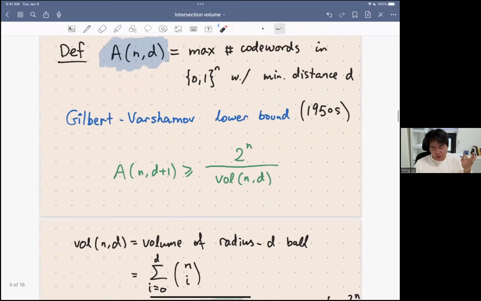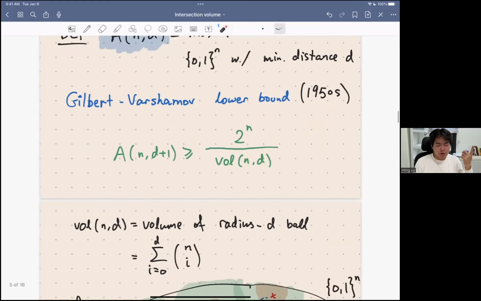It's easy to see that the volume of the Hamming ball in dimension n of radius d, by symmetry, is computed at the origin: we choose up to d places to flip the bits to go out to distance d. So this volume is simply the sum of these binomial coefficients.